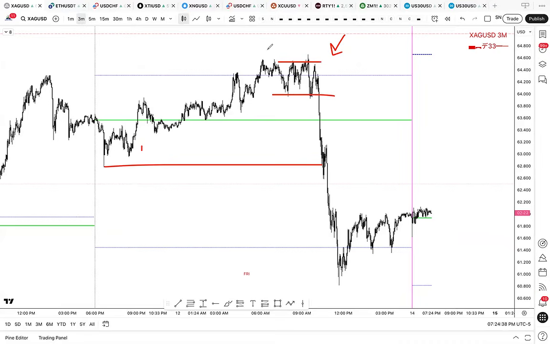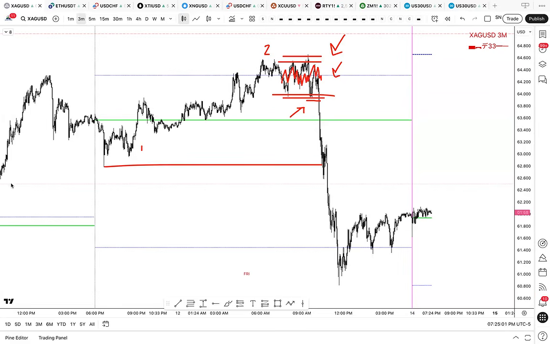Asia low, London high. Look at all this chop. This is not scaring me. I'm actually licking my lips. What about the lower low on the inside? I don't even pay attention to that. I'm paying attention here and here, and that's it.